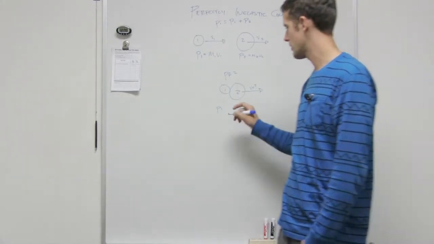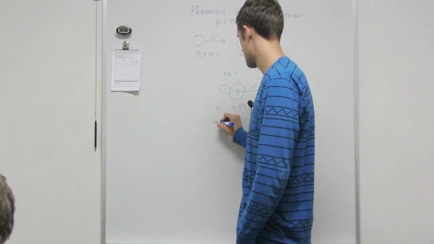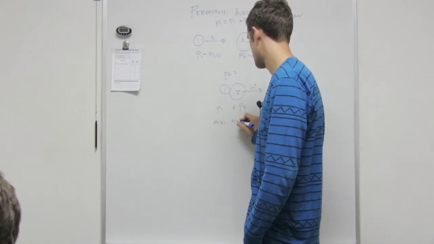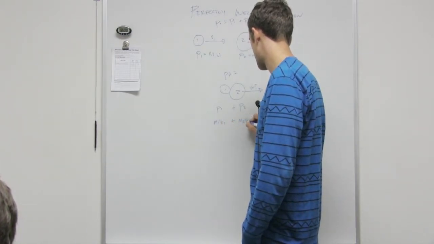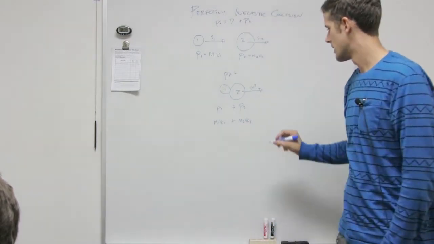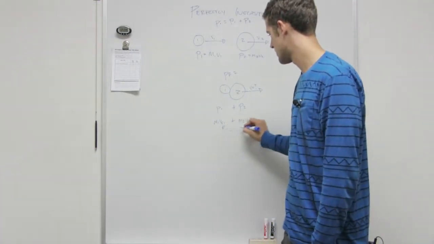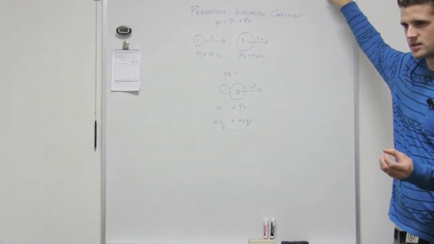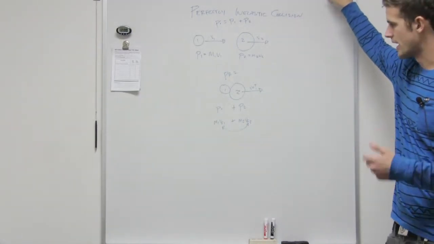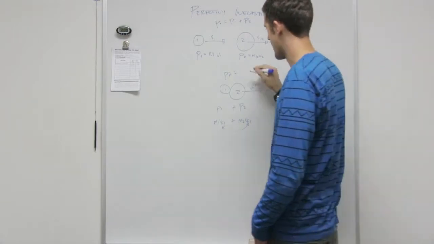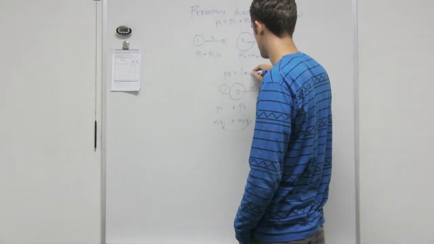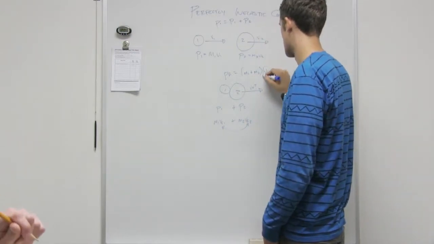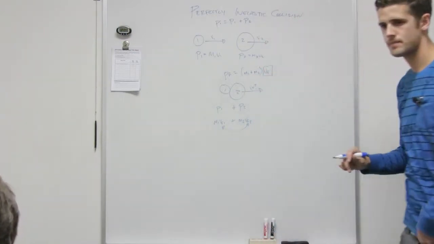But now the momentum is M1 V final 1 plus M2 V final 2. What do we know about these two velocities? If they're stuck together, they're going to be the same. So we can actually treat this as one mass. We could say this is M1 plus M2 times the velocity final. And this is our only unknown, right?